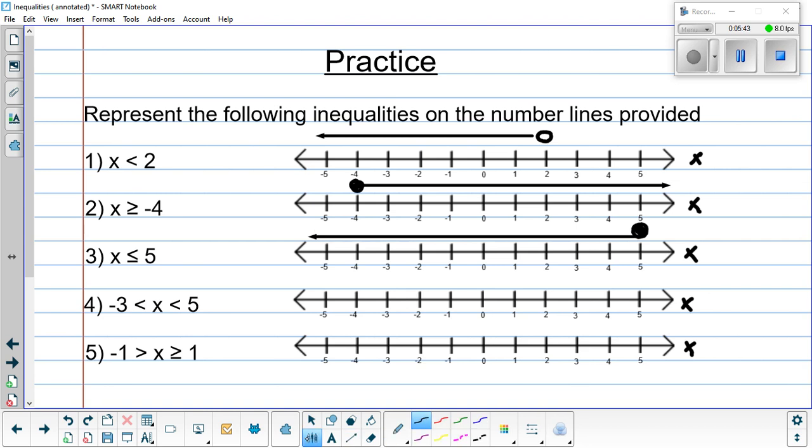Now it looks like x is bounded on both sides. It has a 5, and we have -3. So we know right away that we can connect the circles by a line, and then we look, they're both less than or greater than, so we just leave it like that. We don't have to shade in.